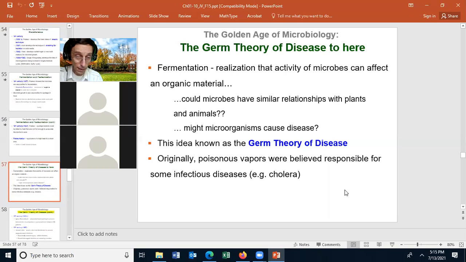For example, people got cholera from walking through a swamp and breathing in the poisonous vapors. It wasn't because in the swamp there were microbes that could cause cholera. And the germ theory of disease changed that and said, no, we believe that germs, microbes, can cause disease.